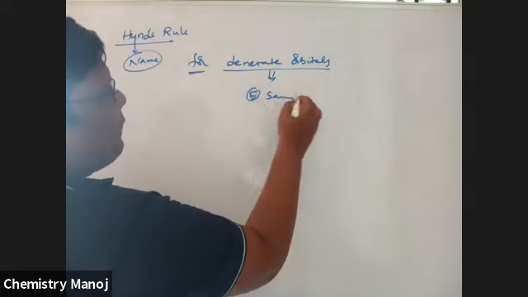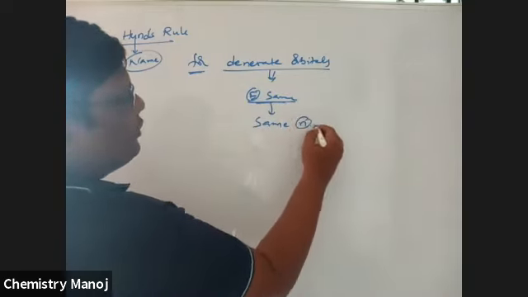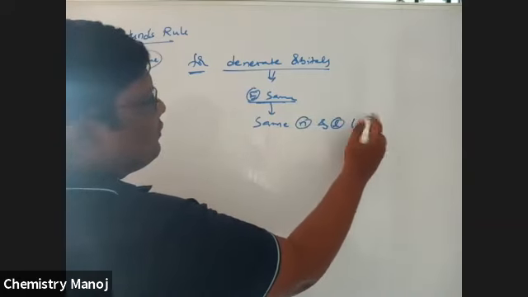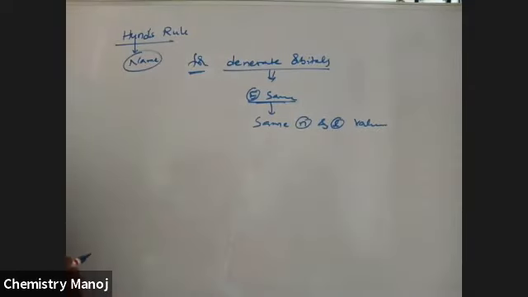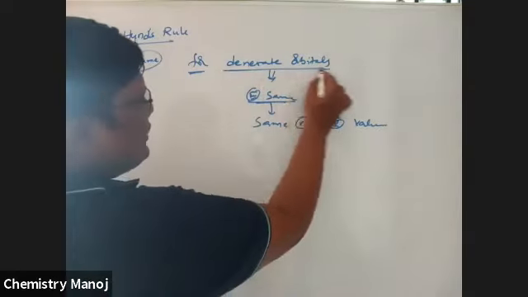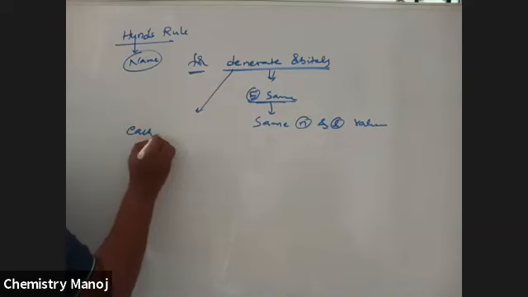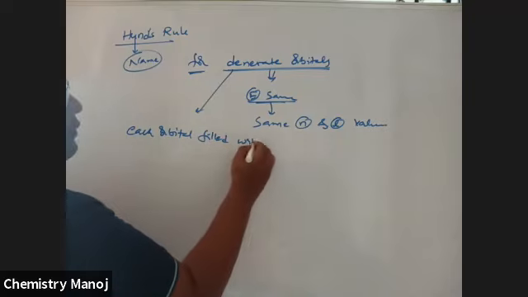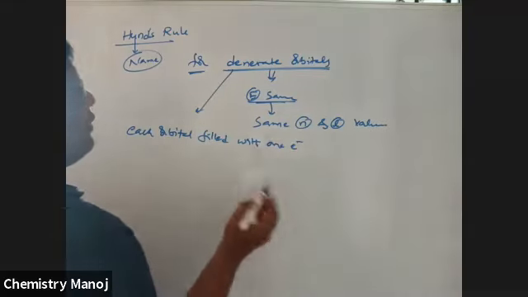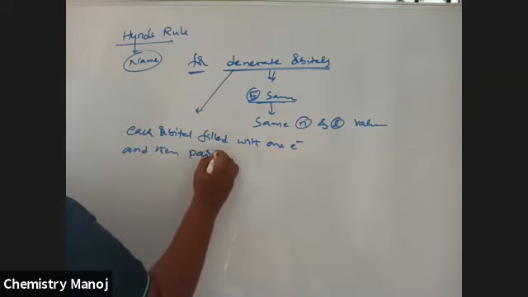Their energy is the same, which means the same n value and l values are there. So that is considered a degenerate orbital. Wherever degenerate orbitals are there, in these degenerate orbitals, each orbital is filled with one electron first, and then pairing takes place.